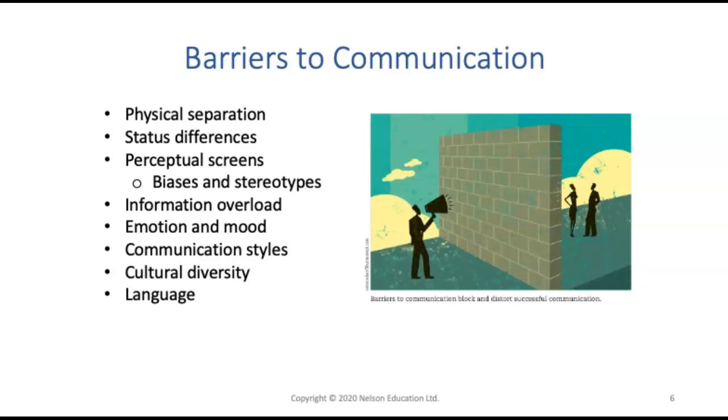A feminine type of way of communicating is maybe they're more empathetic, they're more agreeable, they're better at listening, they're more interested in developing a relationship with that person, or making sure that they are being heard and their feelings are being understood. So even the way people communicate will affect how well they communicate with others.